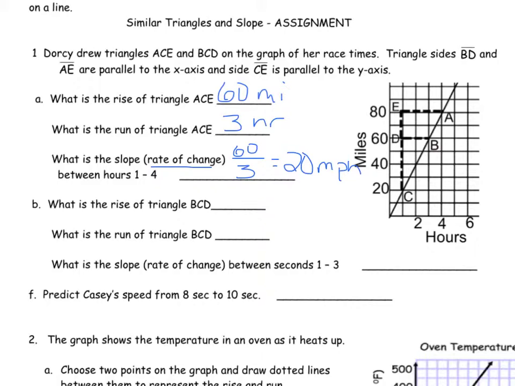All right, let's look at the smaller triangle right here, BCD. So the rise went from 20 to 60. 20 to 60 is 40 miles. The run only went from 1 to 3, so that was only 2 hours.